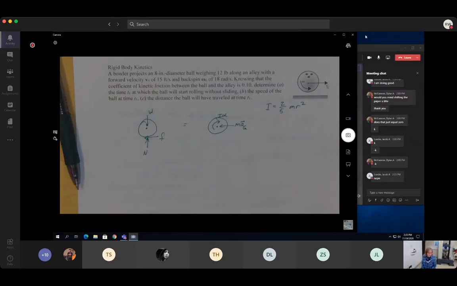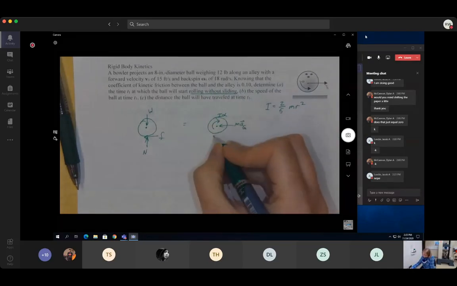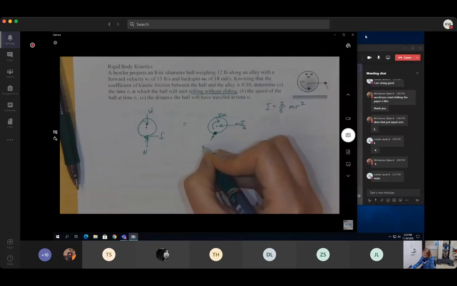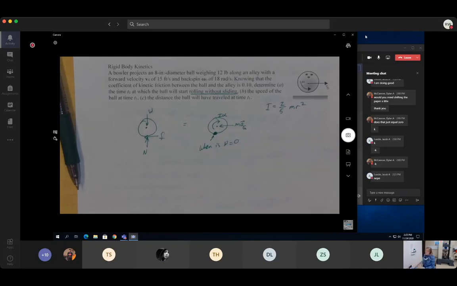So you're looking for essentially knowing that this is kind of where we're starting. When will the ball start to roll without sliding? So essentially, at what point does velocity at the point in contact with ground become 0? Okay. Any questions at this point?